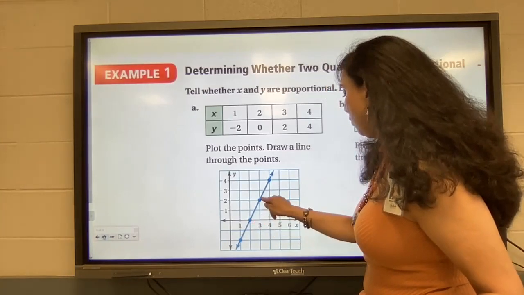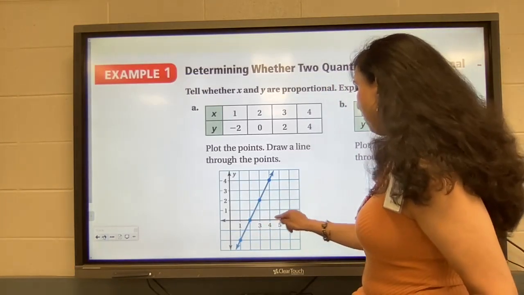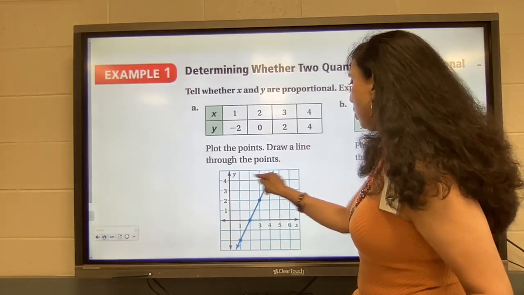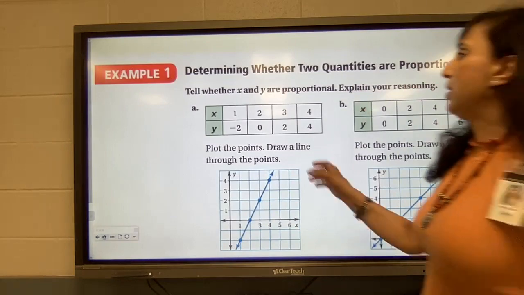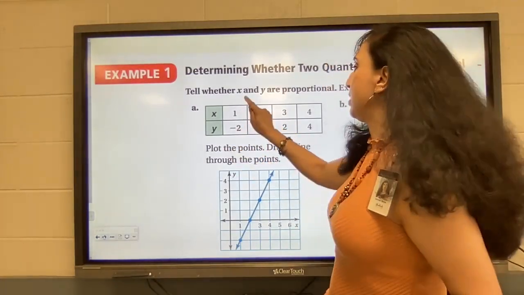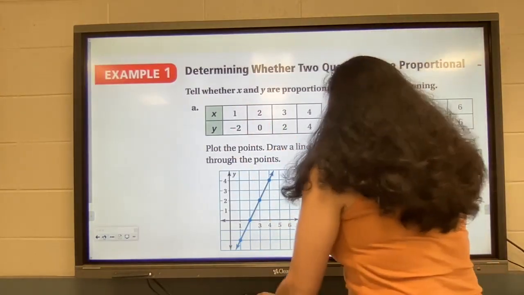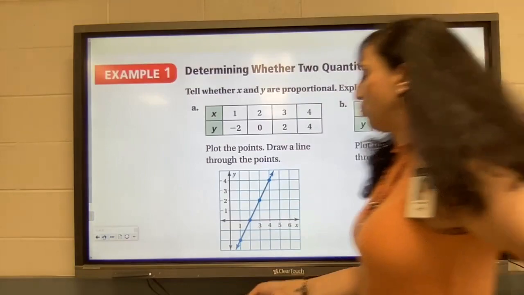X is 3 and Y is 2. X is 4 and Y is also 4. Remember, this becomes my ordered pair, the X and Y. This is 1, -2. That would be my ordered pair that I am going to graph.